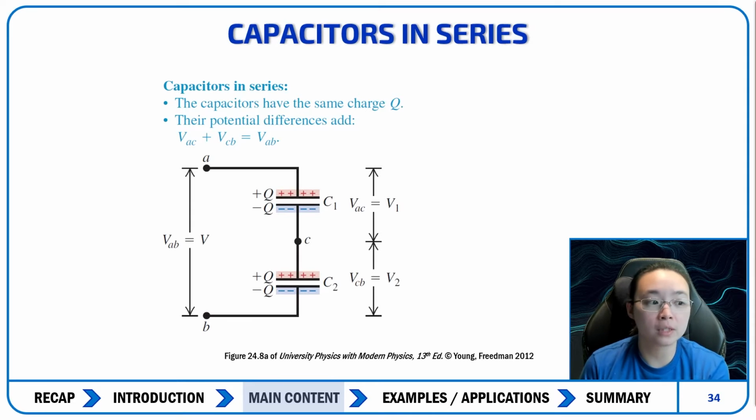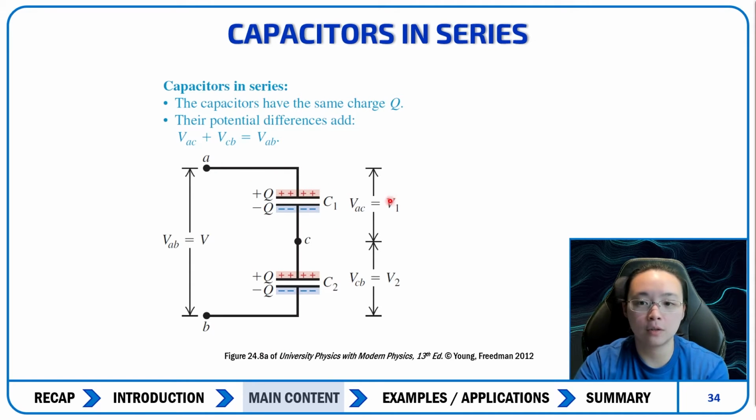So when you're drawing circuit diagrams, once again, I'm going to explain this visually and graphically. Pretend A and B are the two terminals of the battery. We start at A. There's going to be a charge, Q, that flows through this capacitor and then through this capacitor. So the same amount of charge is going to go through each of these capacitors. That means Q stays the same.